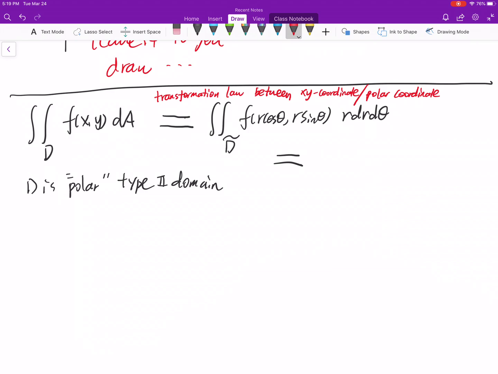And then the second step is the type 2 iterated integral for a type 2 domain.